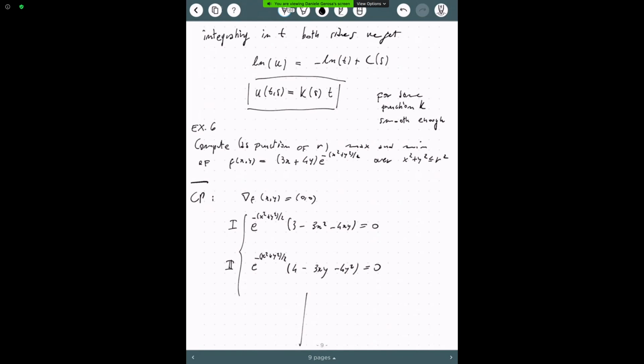This system can be rewritten as 3 minus x times 3x plus 4y equal to 0, and 4 minus y times 3x plus 4y equal to 0. You recognize this 3x plus 4y that is in the function itself.